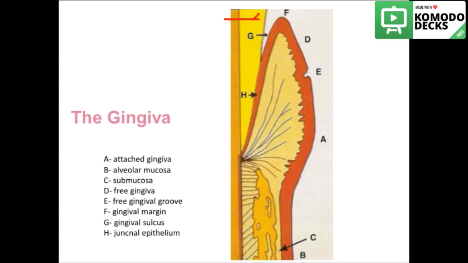F is the gingival margin, and this is the gingival sulcus, followed by part of the junctional epithelium, which is bound to the tooth directly.